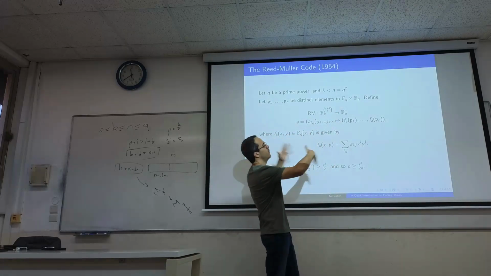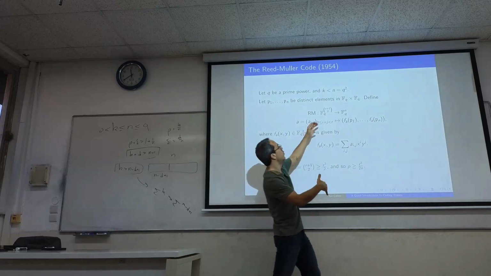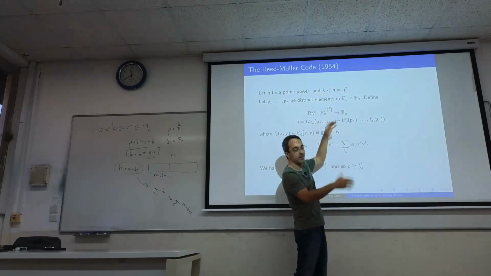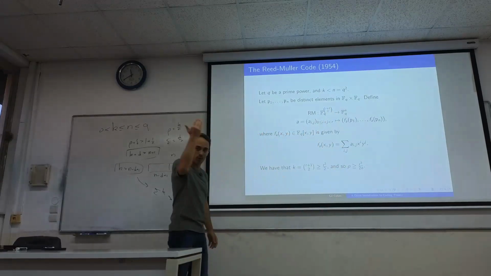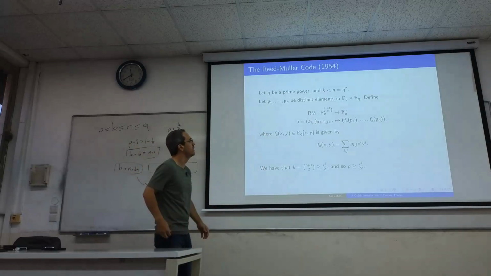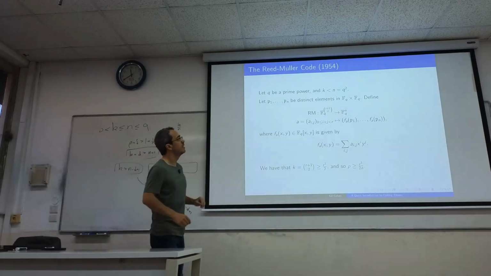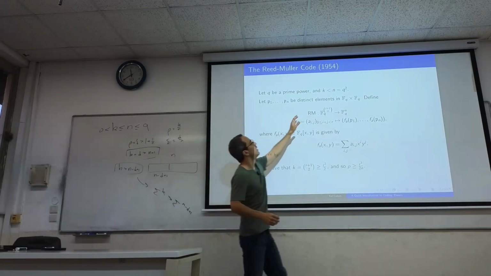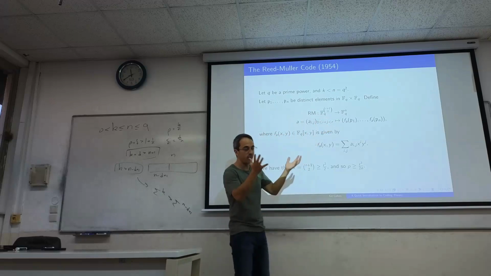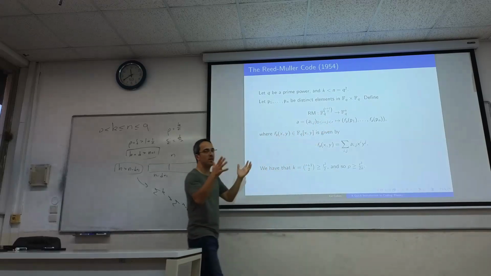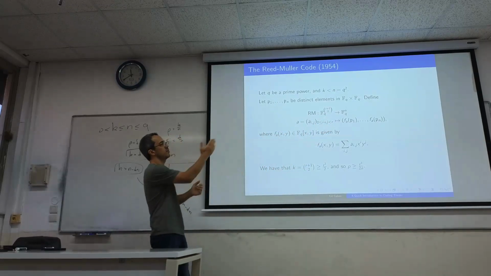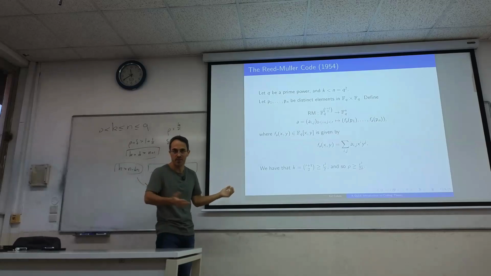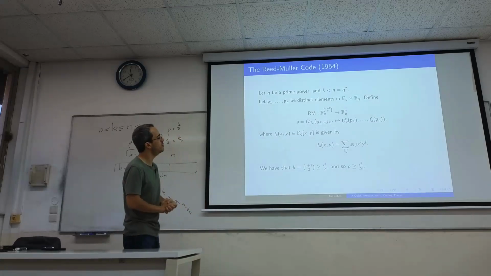Of course, you can take higher dimensions: in m dimensions, you get q to the m, and therefore q is n to the 1 over m. But let's just do the m equals 2 case. So this is definitely a way of staying within this framework of polynomial evaluations and getting the field size to be smaller. Let's see how it works out.